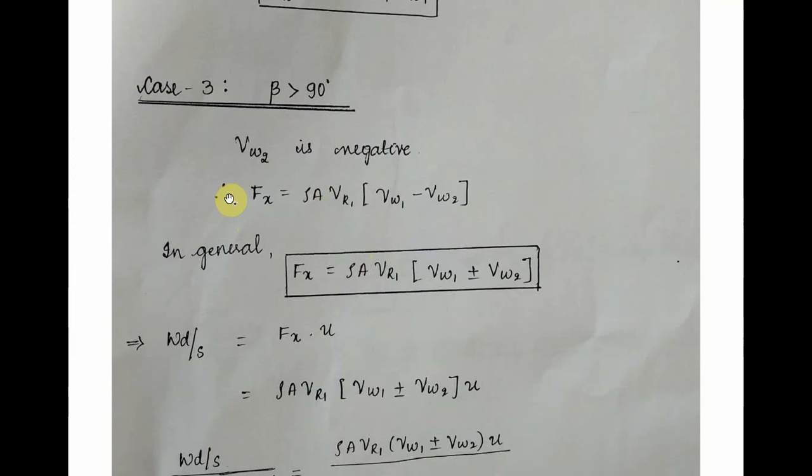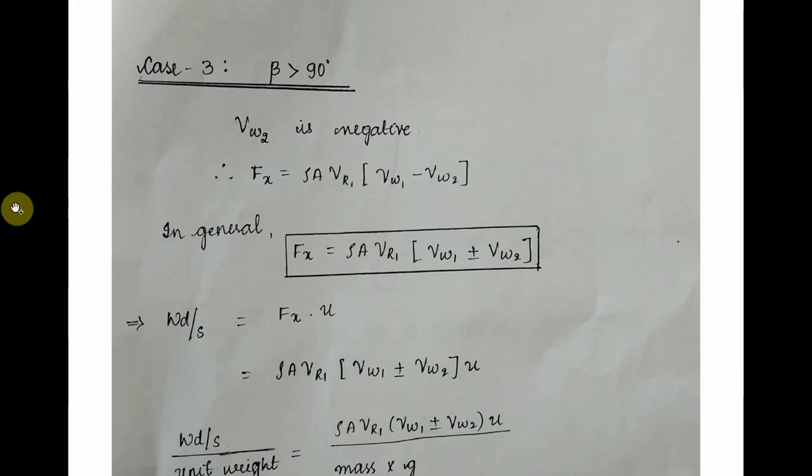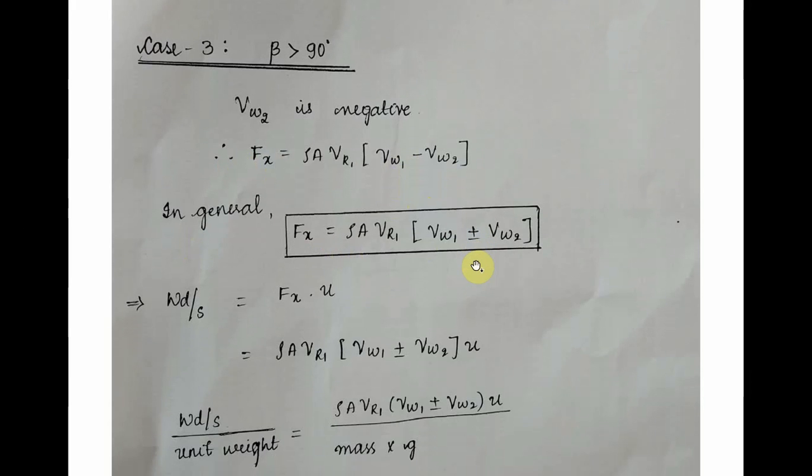Therefore, because it is beyond 90, Fx is equal to rho A into VR1 into VW1 minus VW2. In general, we know that Fx is equal to rho A into VR1 into VW1 plus or minus VW2.